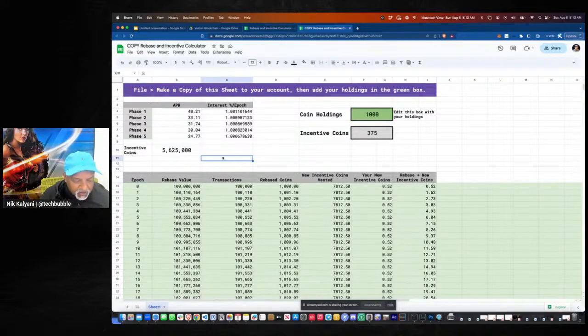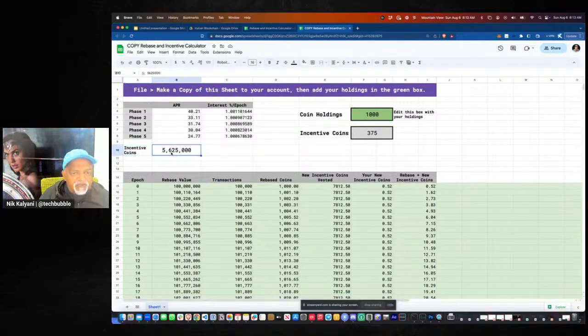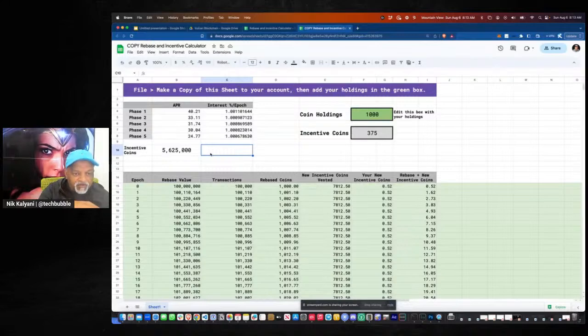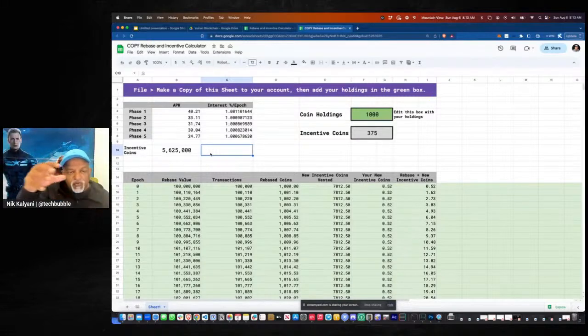All right, so over here, I have 5.625 million. So that's the incentive coins that are there and available for you. Now, the important part to understand is that the incentive coins are not immediately available to everybody. What happens is every time there's a rebase, there is essentially a reward to the community in that a percentage of those incentive coins move from the vault in which they are into a pool in which they're available.